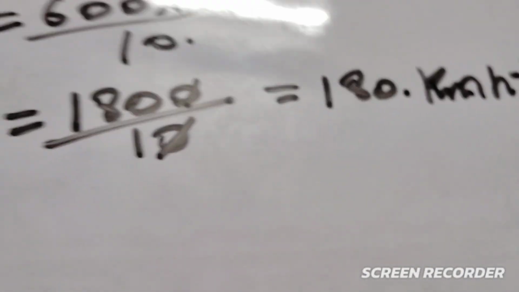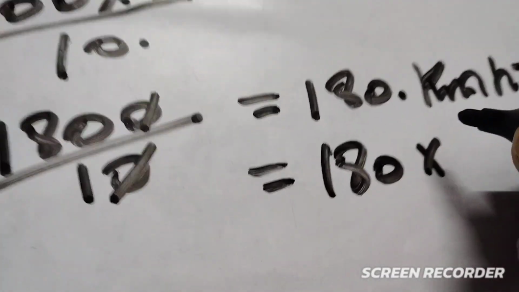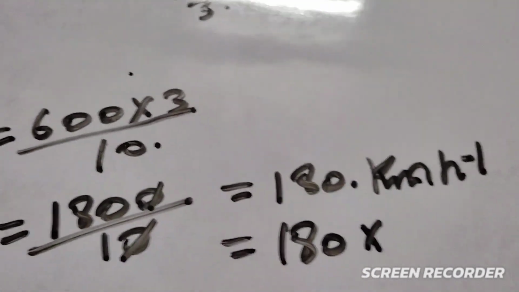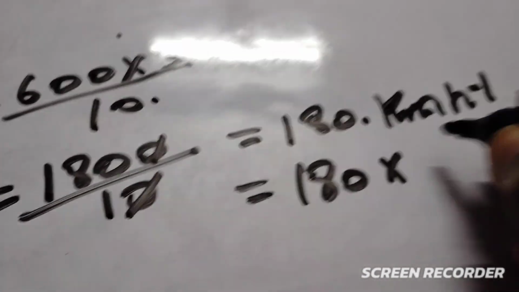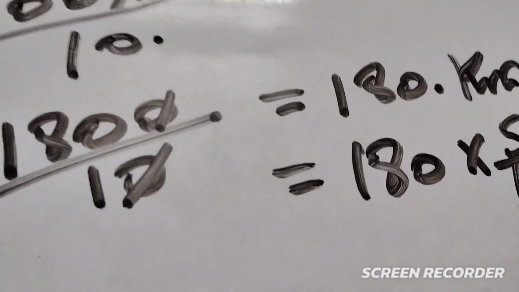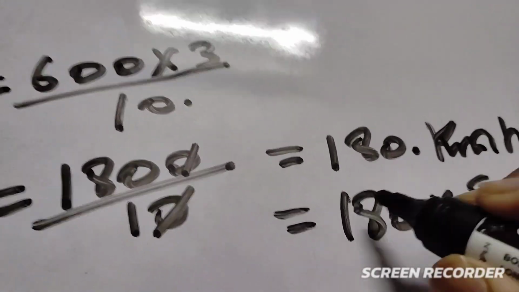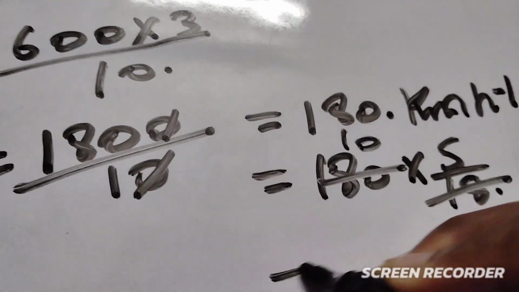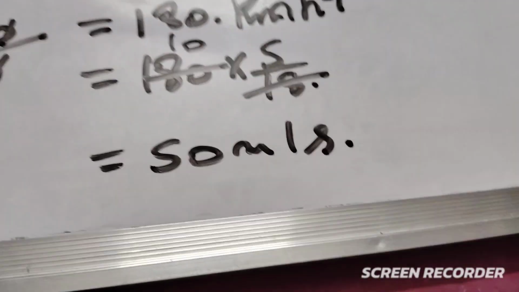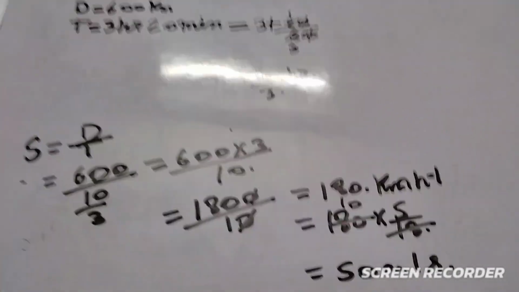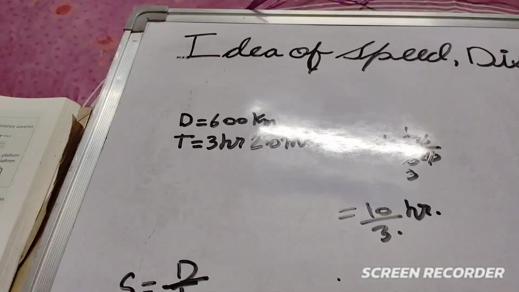We convert 180 into 5 upon 18; you can see in the back we have shown the formula. So 18 into 10, 5 into 10 is 50, so 50 meter per second. Till here everything is correct.